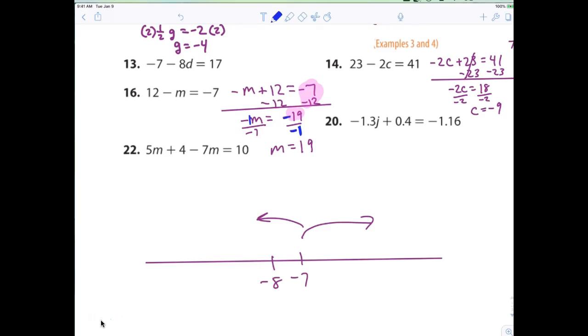Positive. You agree with me or not? 100%? Because you're not sounding like you're 100%. You said you have to do it. No, yeah, but we didn't say 12 minus 7, we said -7 minus 12.